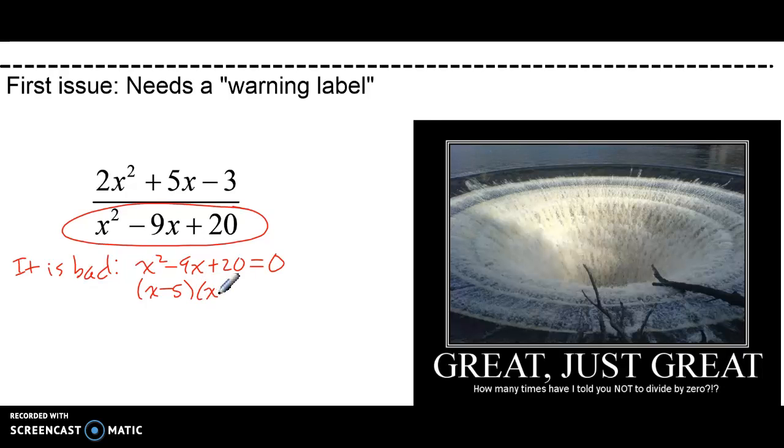You just factor it, because it's already equal to 0, and you get x equals 5 and x equals 4. But remember, x equals 5 and x equals 4 are not good things, those are bad things. So the lesson here, the message that you want to convey is don't plug in 5 or 4, because bad things happen.